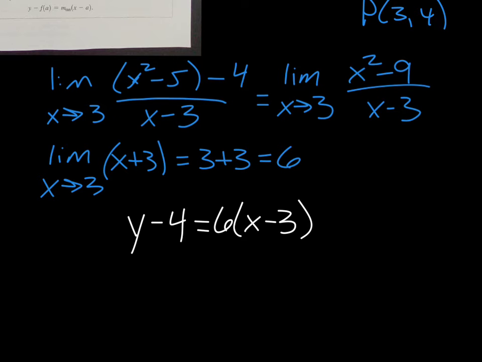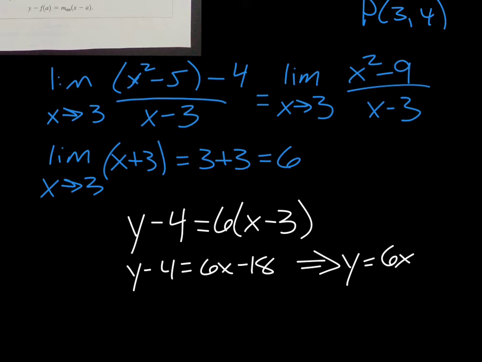But in order to check, it's going to be y minus 4 equals 6x minus 18, and so then y equals 6x minus 14. So this is the point slope form. We have this parabola, and it looks something like this.